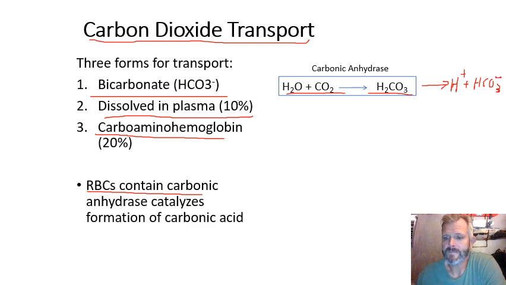We convert that CO2 to bicarbonate, it travels through the blood as bicarbonate, and when we reach the lungs, it is converted back into CO2.